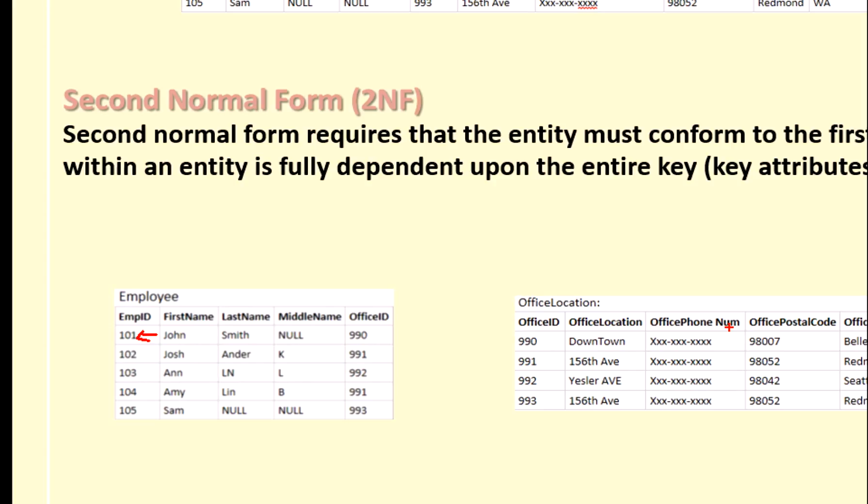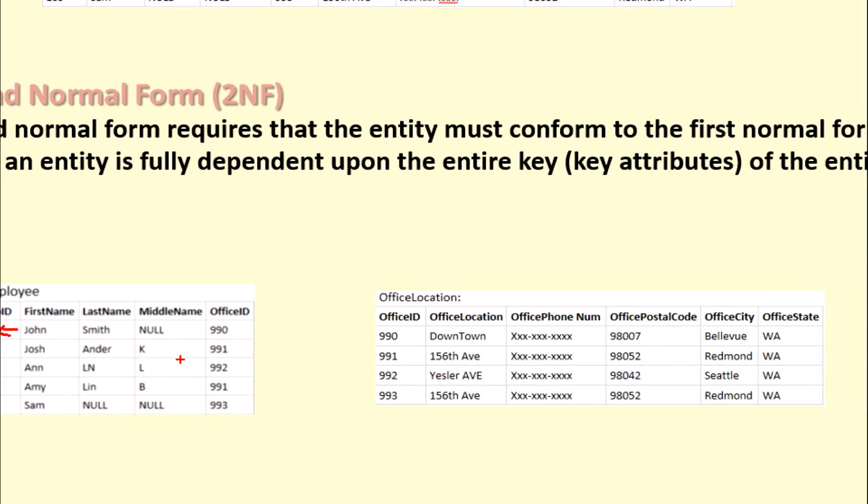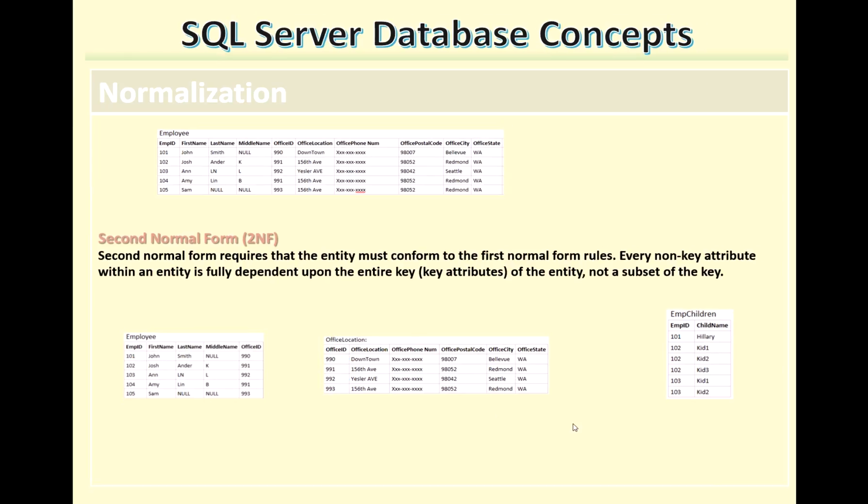Similarly, for downtown and Bellevue, this office location information represents office ID 990, and this record represents office ID 992. So now all these values depend on the primary key. Once we followed this, we further split the data into two parts and normalized the data even further.